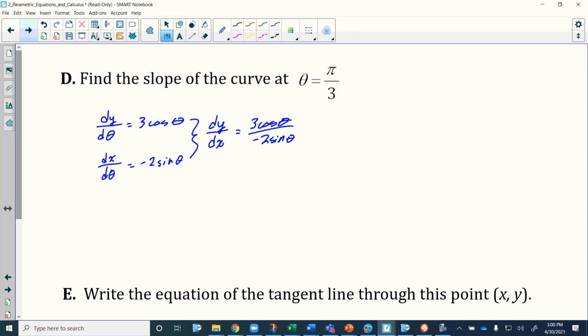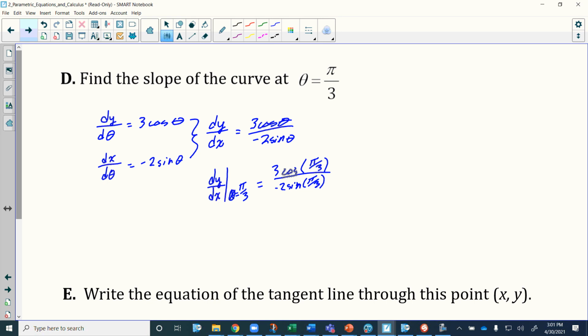So let's find the derivative. Let's find dy dx at theta equals pi over 3 in this case. And so that'll give us 3 cosine pi over 3 over negative 2 sine pi over 3.